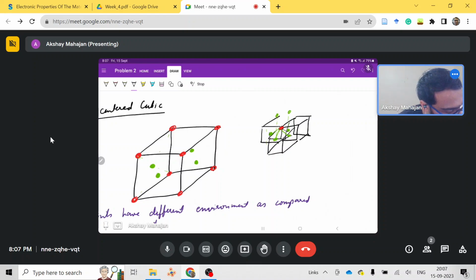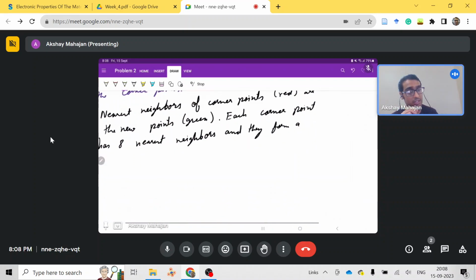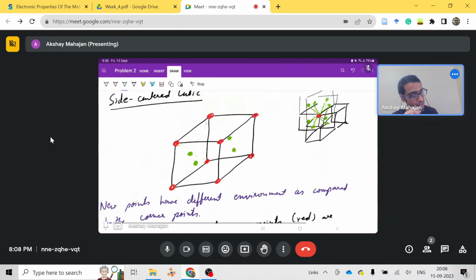There will be extension like this, and then extension like this. This is a very cumbersome process, but there will be some green points here. So there will be a total of 8 points, which will be these new points. For this green point, all the nearest neighbors will be green points only, and that will not be the same from your green point of view.